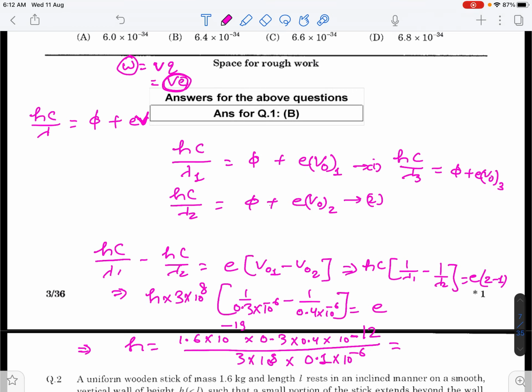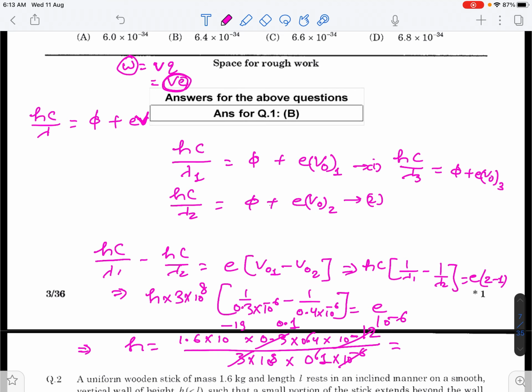You need to do this calculation carefully, because if you make a calculation mistake, the answer will not come. The 10 to the power minus 6 cancels, and the 3 cancels with the 0.1.